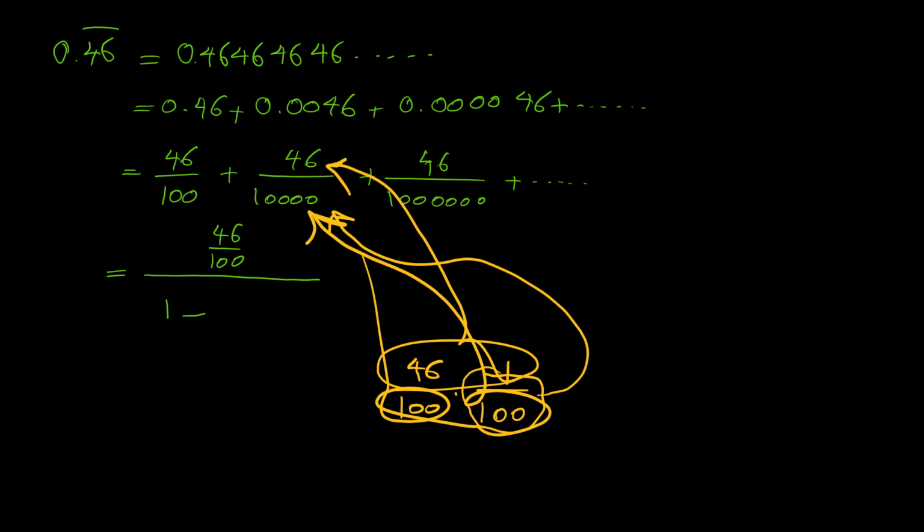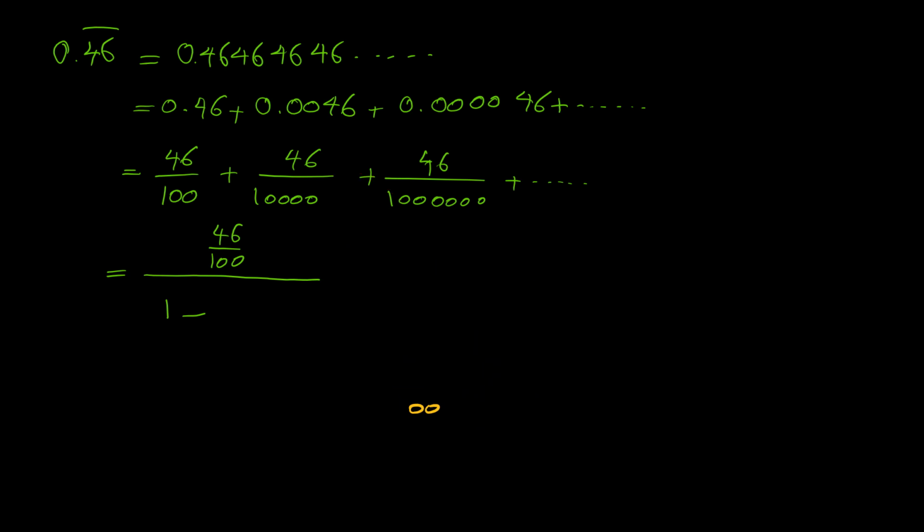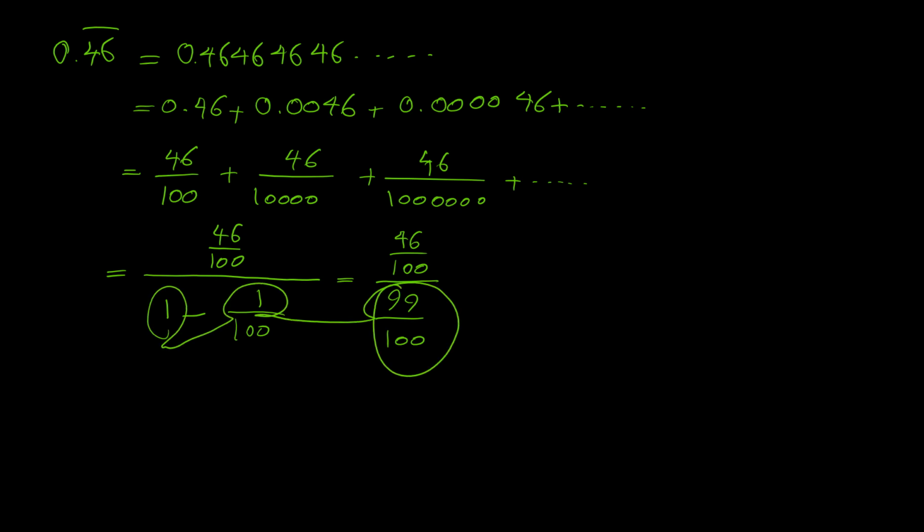So the ratio is 1 over 100. So first term all over 1 minus ratio, and ratio is 1 over 100. So this equals 46 over 100 over 1 minus 1 over 100. It should be clear for you that if you do a common denominator, it is 99 over 100, because this is 100 over 100 minus 1 over 100, which is 99 over 100.